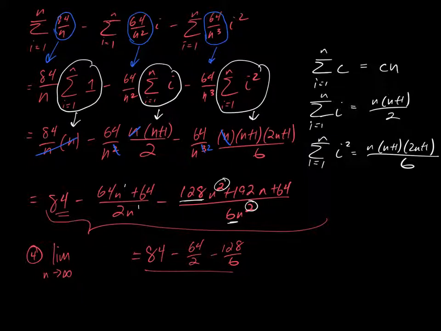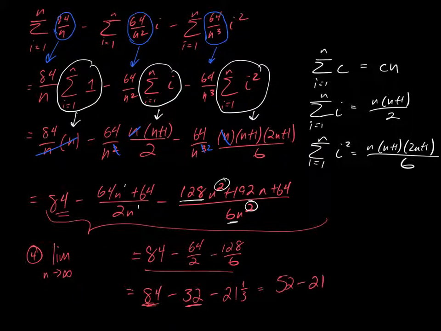So now we have some numbers that we can easily compute. So let's do that really quick. 84 minus 64 over 2. That becomes 84 minus 32. And then 128 divided by 6 is 21 and 1/3. I'm going to write it like this just so I can do some pretty easy subtractions here. So I have 84 minus 32 is 52.